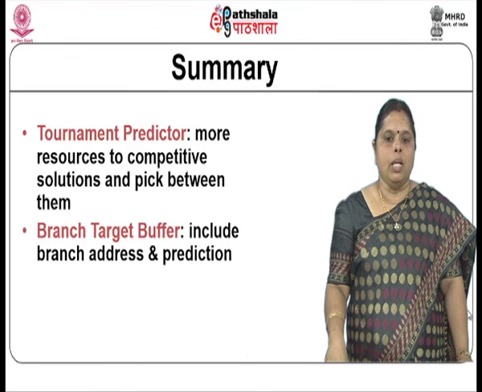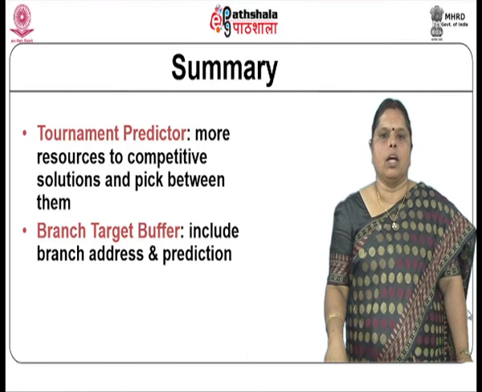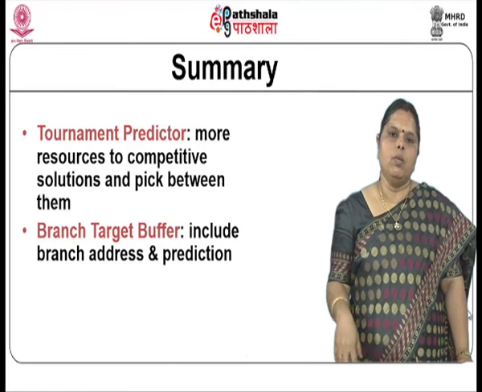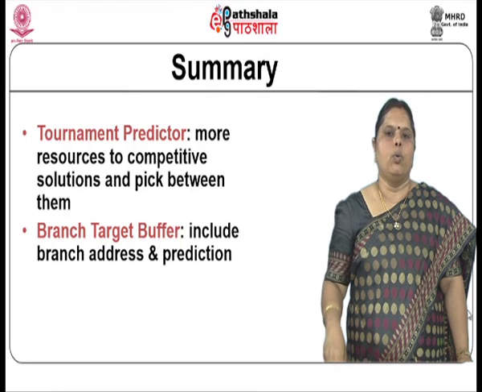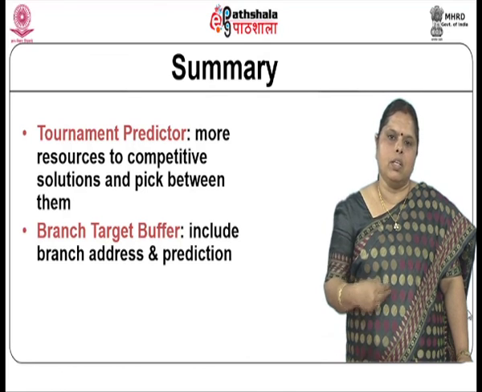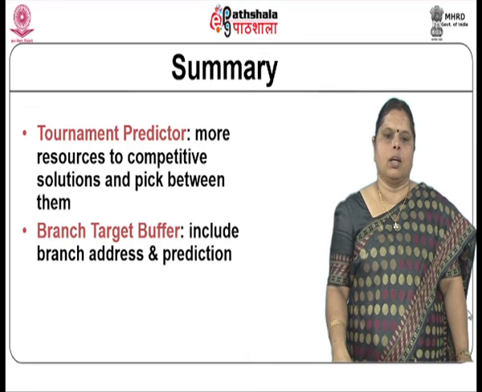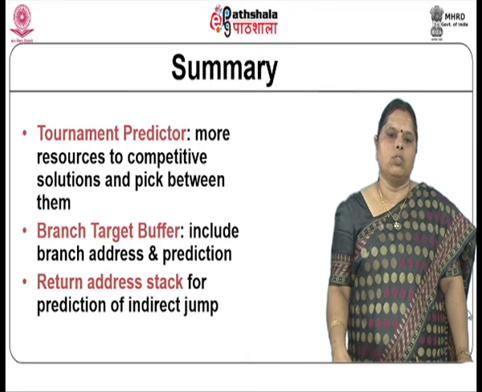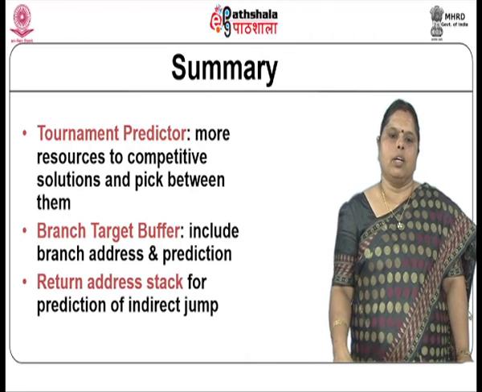We looked at a BTB, which is again very effective in handling the control hazards, because even before you know that it is a branch, you access the BTB and get the target address straight away and pay zero penalty if everything goes correct. And we also looked at the importance of a return address stack for prediction of indirect jumps.